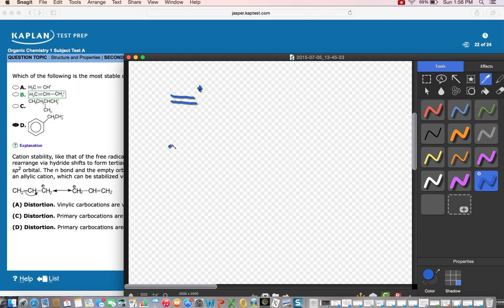The second one is what we call an allylic carbocation. The third one is a primary carbocation. And the fourth one is also a primary carbocation.